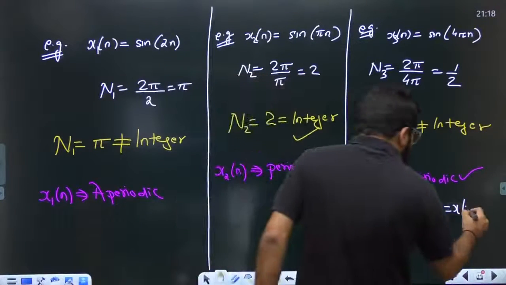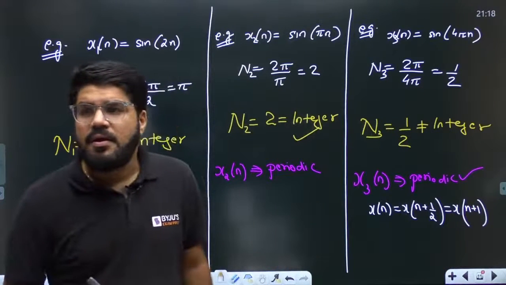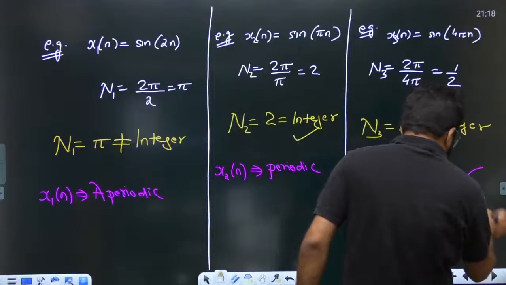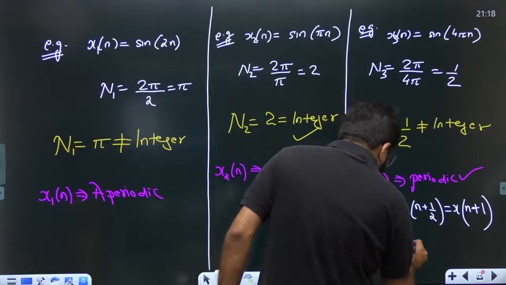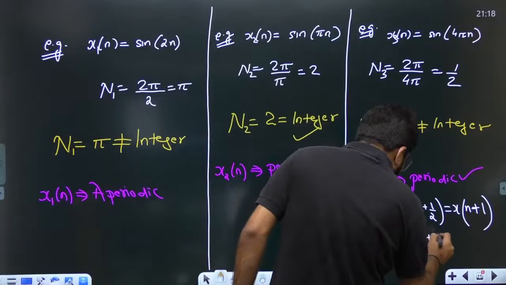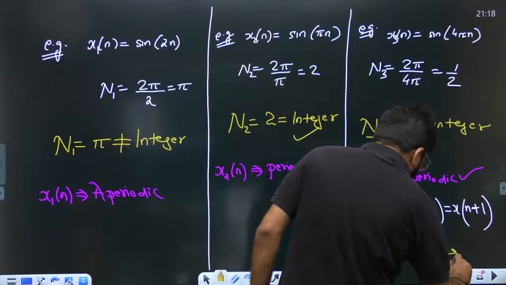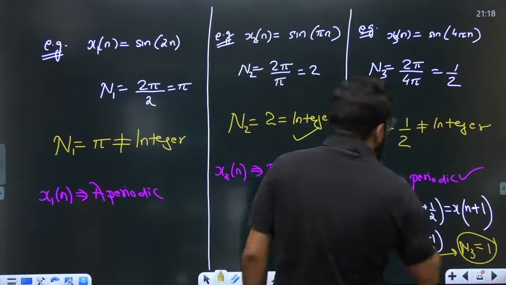And that is why it will also become x of n plus 1. It will repeat after every half. So it is also equal to x of n plus 1. That means x of n is equal to x of n plus 1, and here this is your final time period, which is equal to 1.